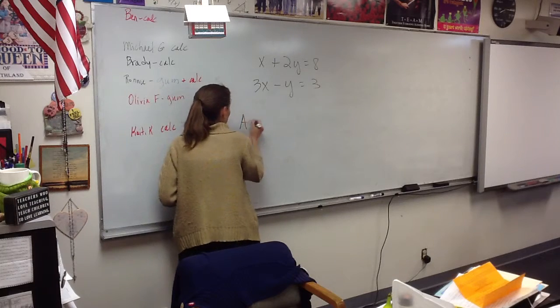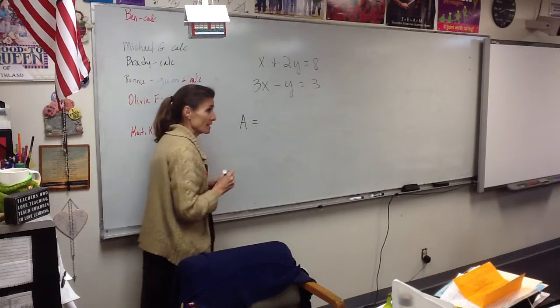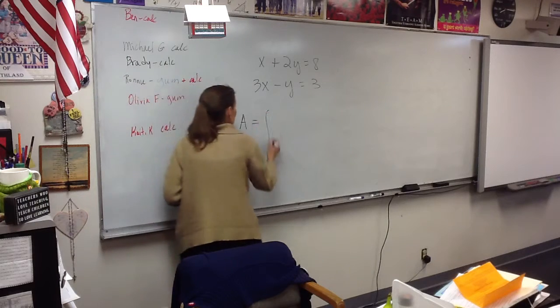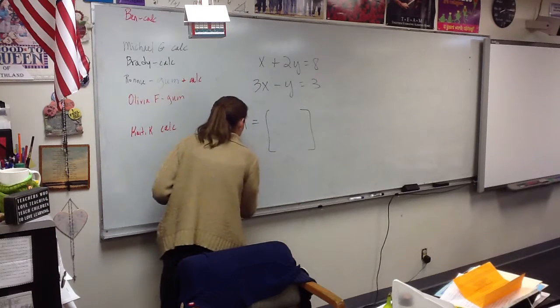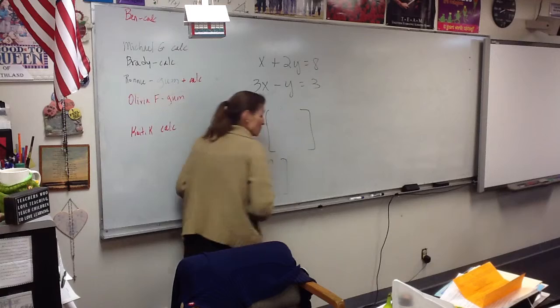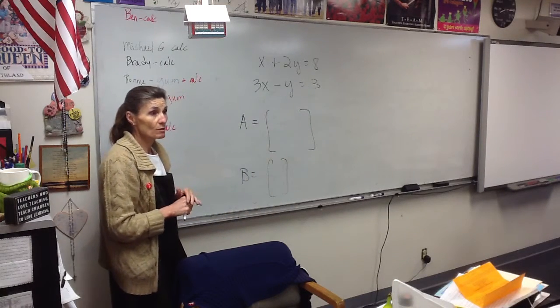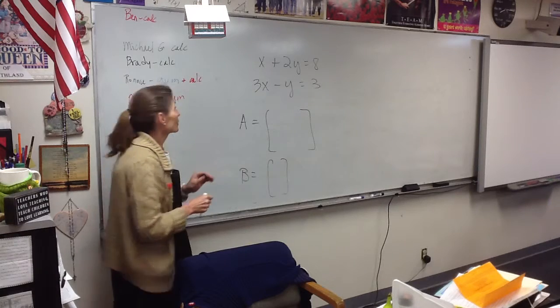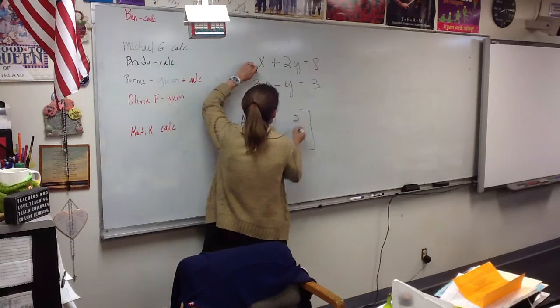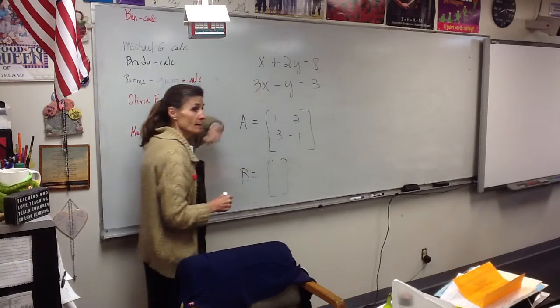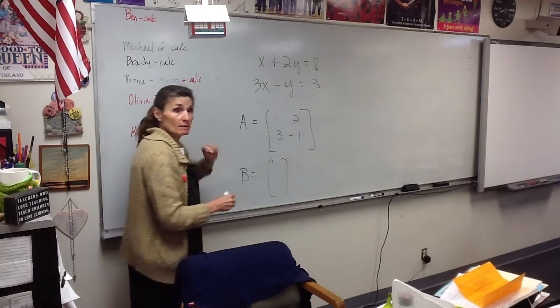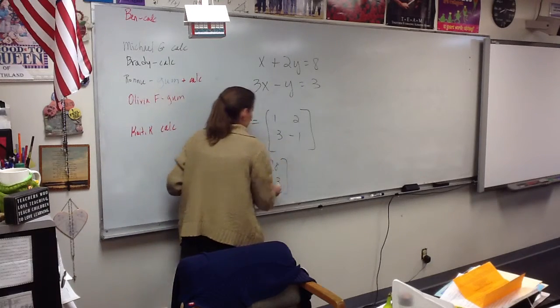I need to recognize, if I'm going to use the inverse method, I need two matrices. Does anybody remember what the two matrices are? The coefficient matrix, which is 1, 2, 3, -1, and the constants.